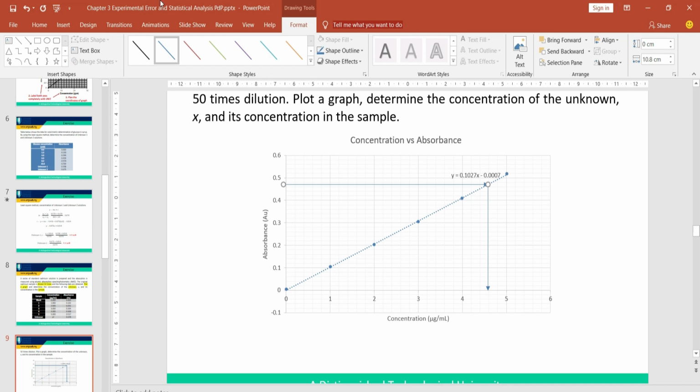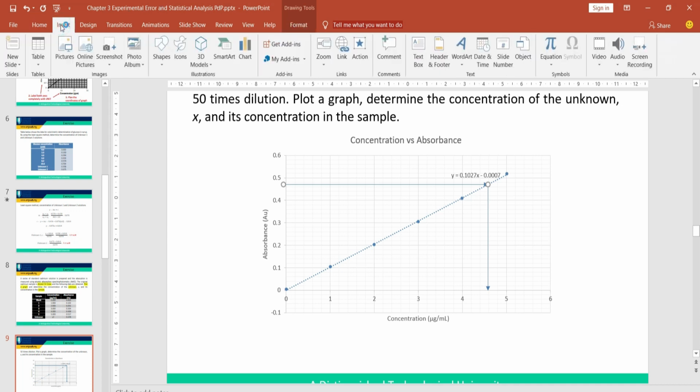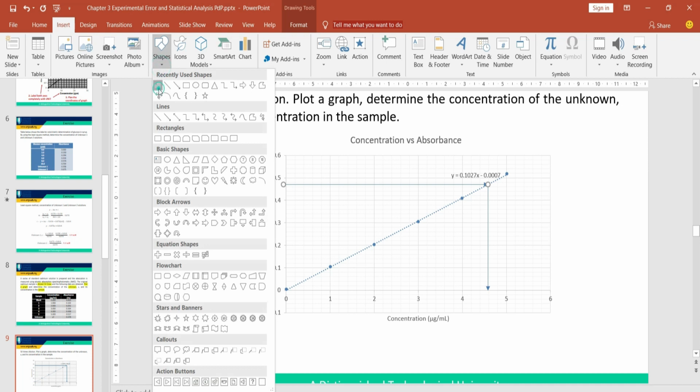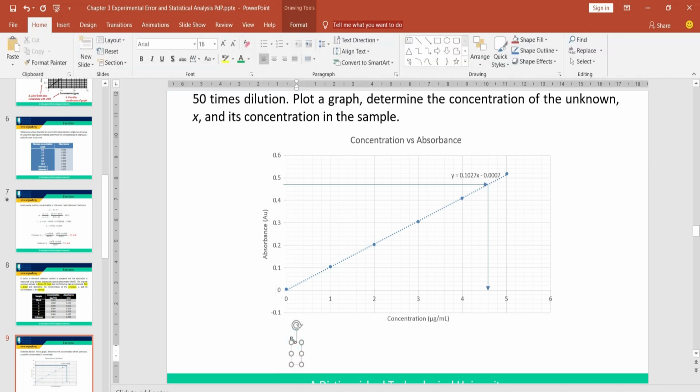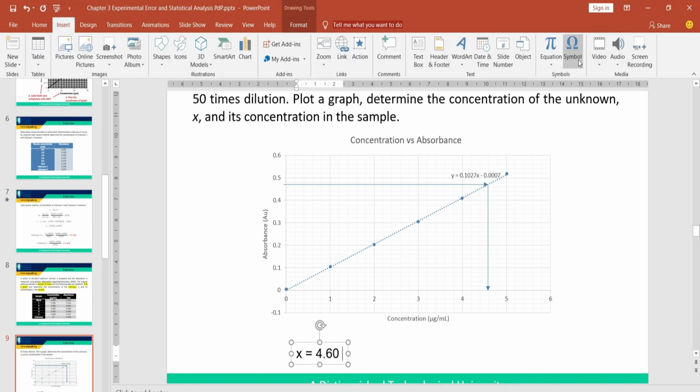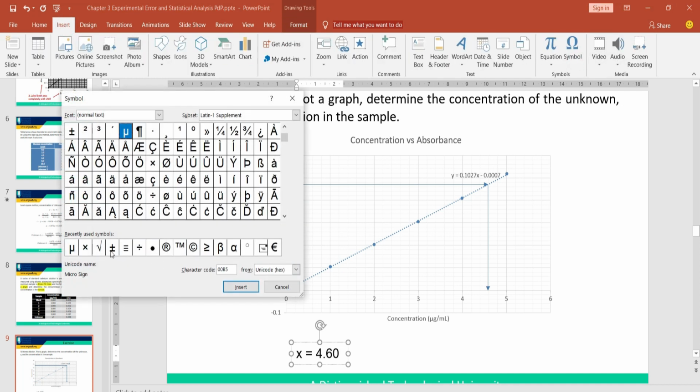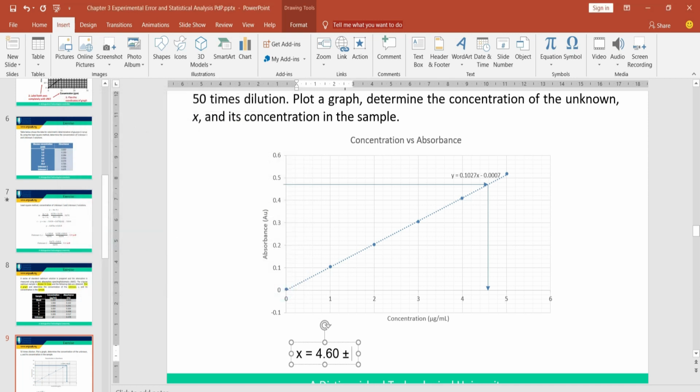Okay, so we can say that the X value is equal to 4.6 plus minus 0.01.